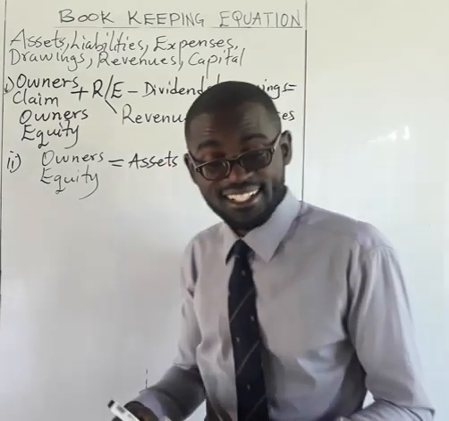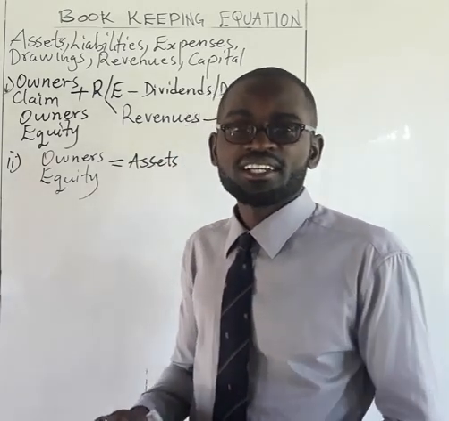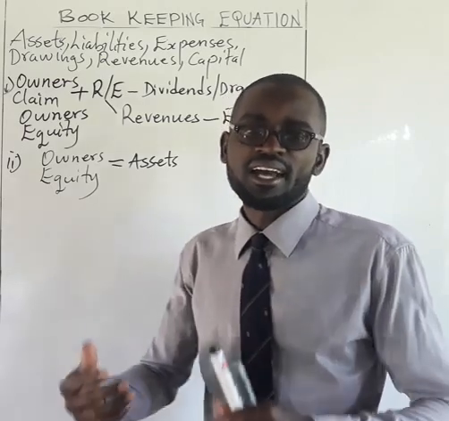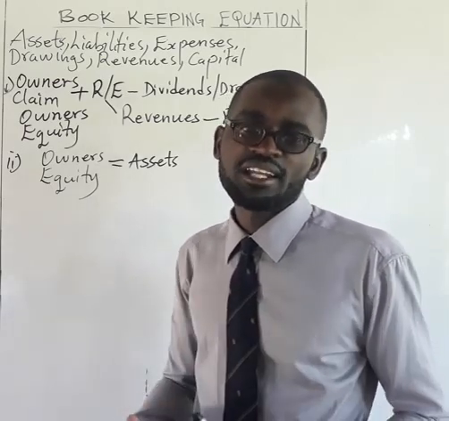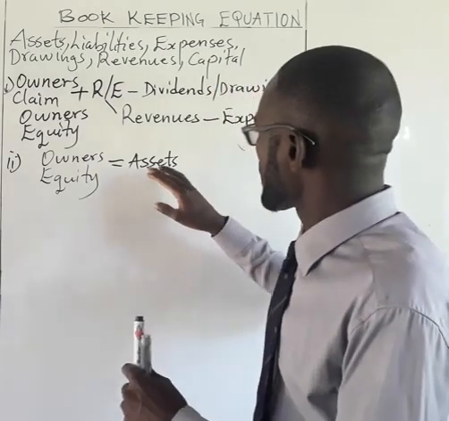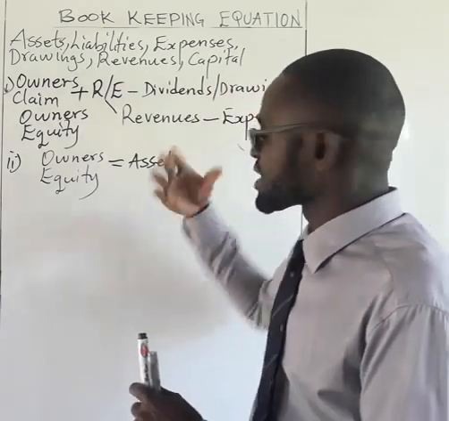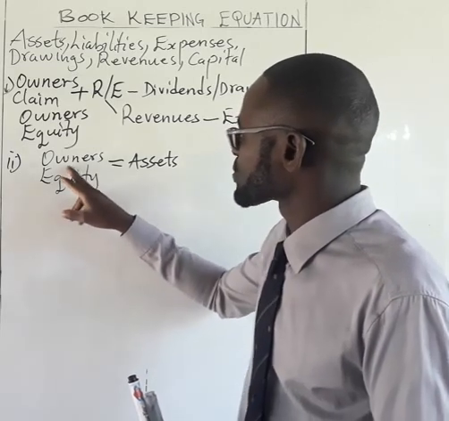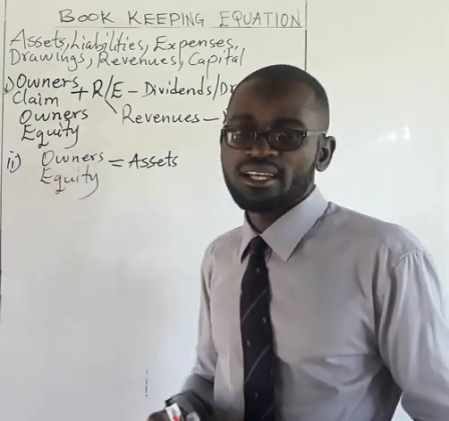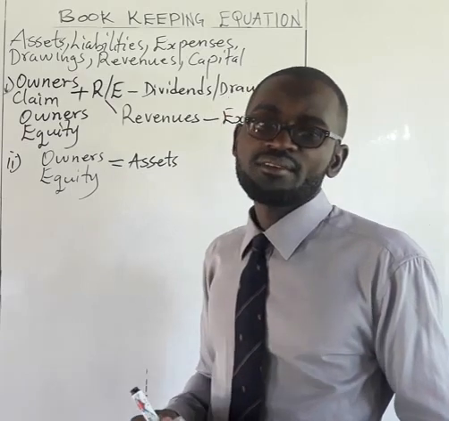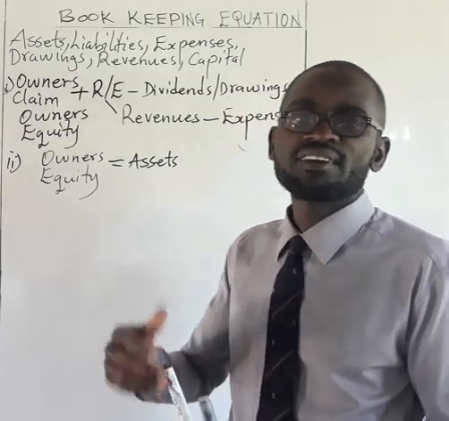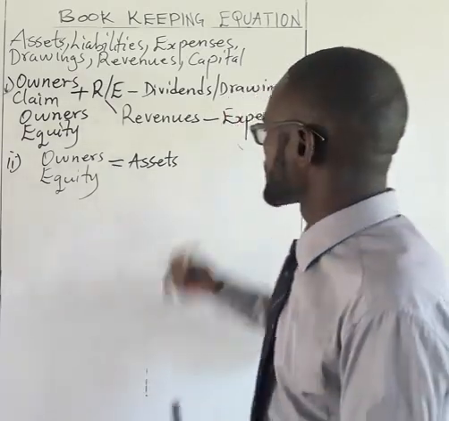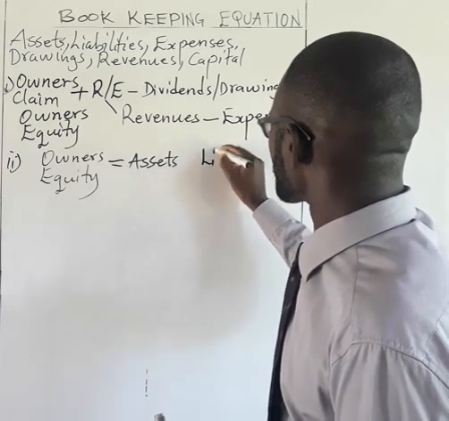And assets are the items that are possessed, that are owned in a particular business. So it means the monetary value attached to these assets should be equal to the owner's equity. But at some point, we have these financial obligations, and we're talking about the liabilities.